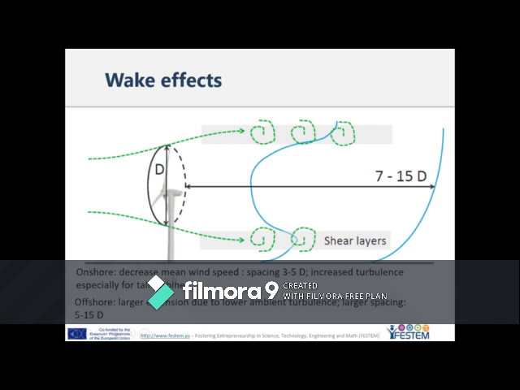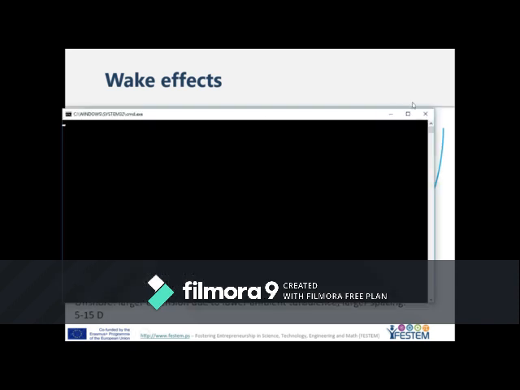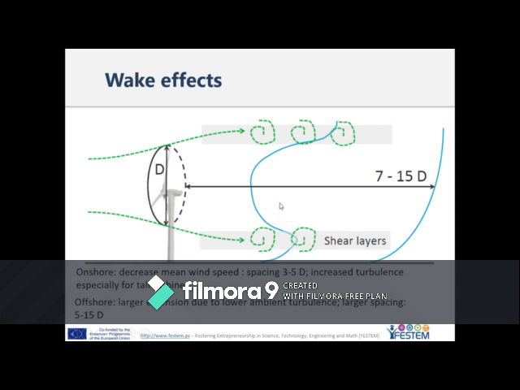Onshore, decreasing the spacing between turbines will have a negative effect on the wind speed. Sometimes it creates turbulence, which means the wind starts going around, like a circle, especially for tall turbines.